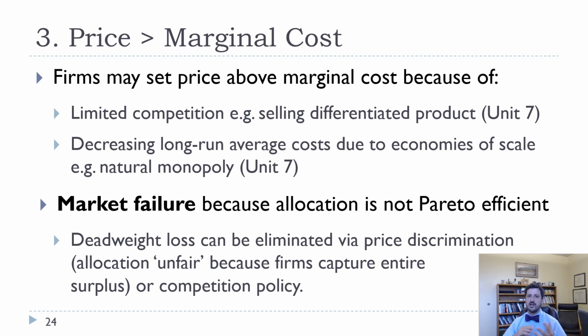So I think there's a fine line when you're talking about competition policy, through the Department of Justice or the Federal Trade Commission. You want to encourage competition, but you don't necessarily want to eliminate all economic profit, because you want to provide incentives for firms to enter a market. But this is probably the most common, technical market failure, because we end up with prices above marginal cost.